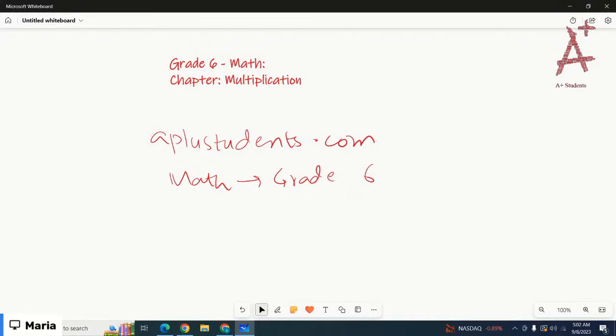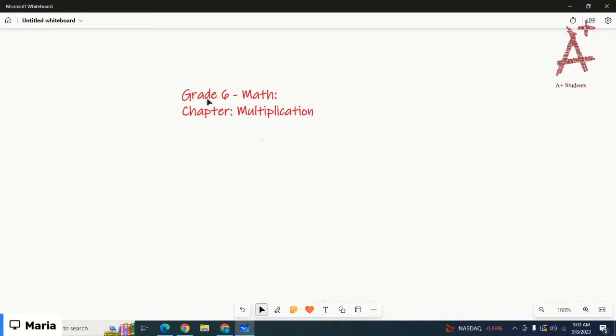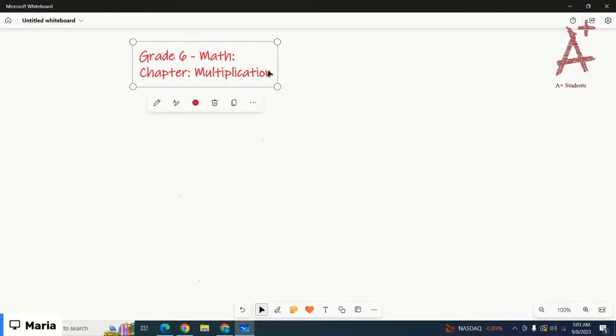Let's start with the first lesson, that is multiply whole numbers. Let me just write down the lesson name. Okay, the lesson name is multiply whole numbers, right?